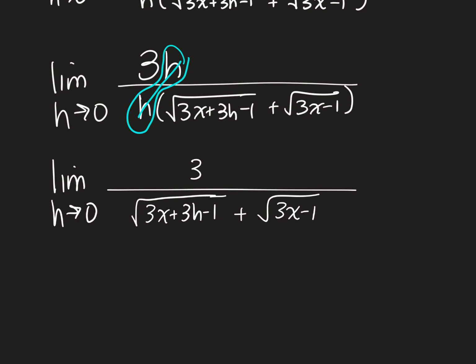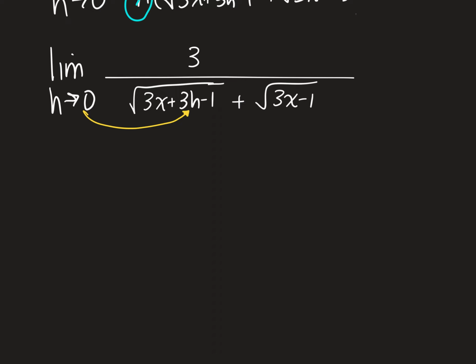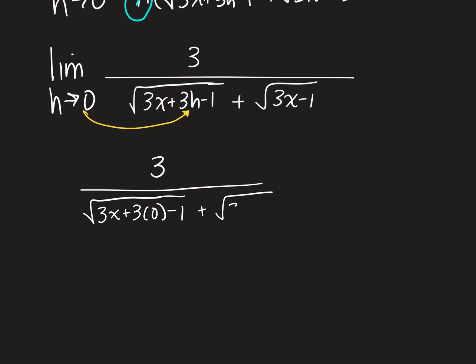So let's go ahead and do that. It's at this point, once I've gotten rid of that giant 1, that I'm going to plug in 0 for h. So that's going to give us, we don't need to write the limit sign anymore, 3 over the square root of 3x plus 3 times 0 minus 1 plus the square root of 3x minus 1.